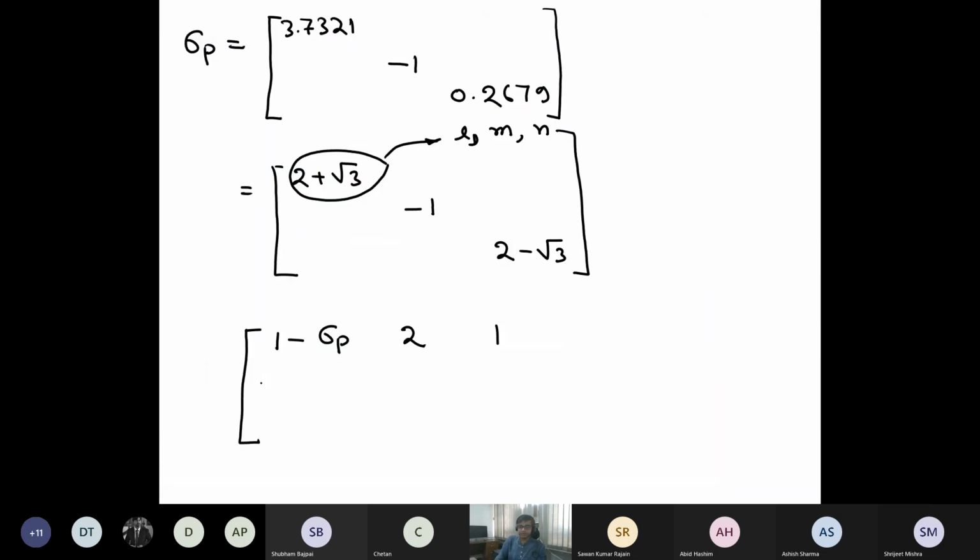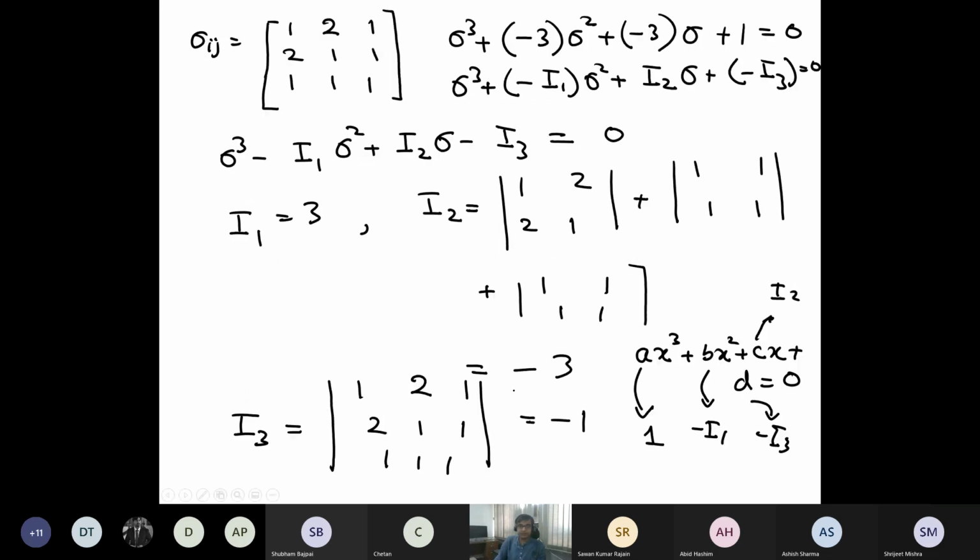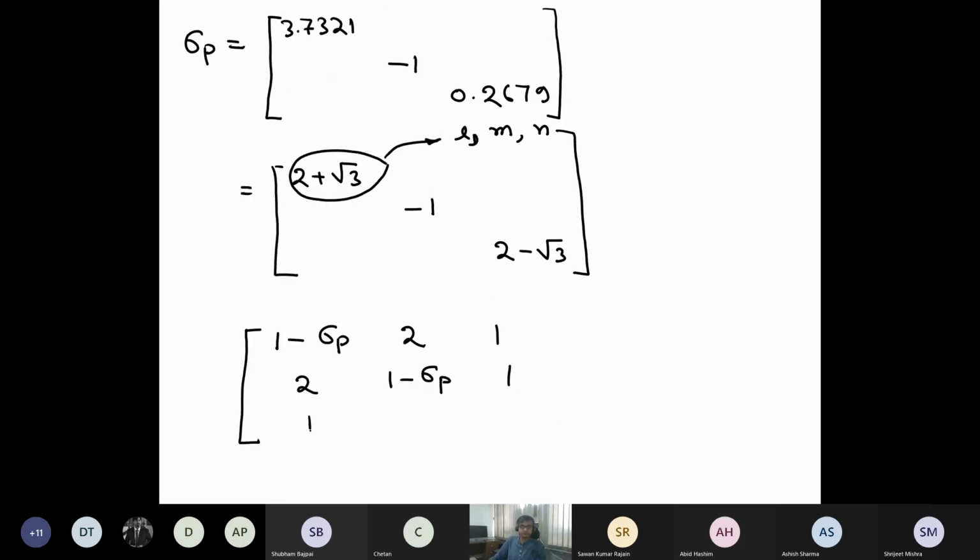And then 2, 1, 1, right? 2, 1 minus sigma P, 1, and then 1, 1, 1 minus sigma P. You multiply it with LMN, which you have to find out. And that should be equal to 0.